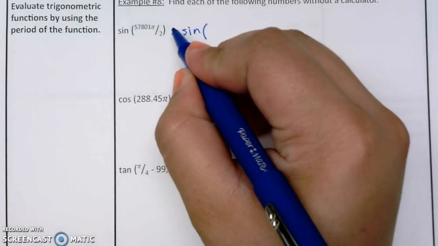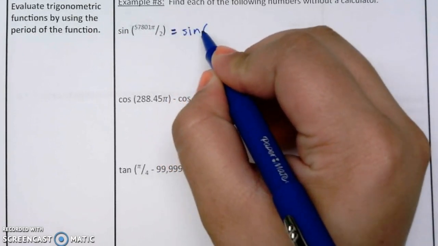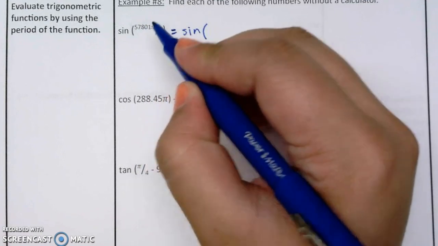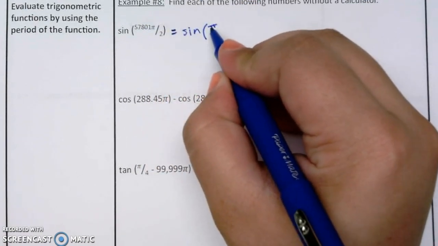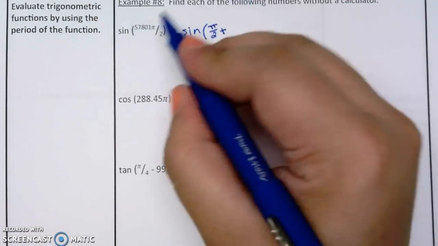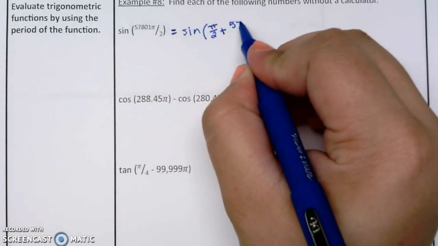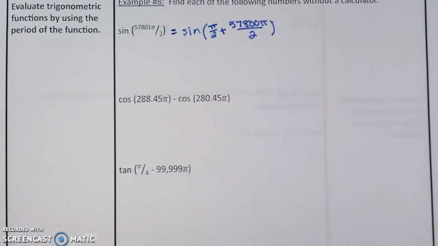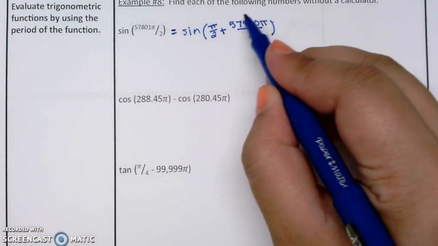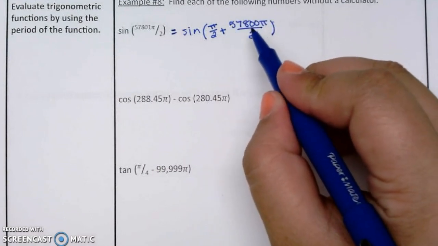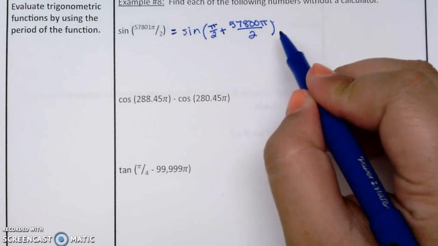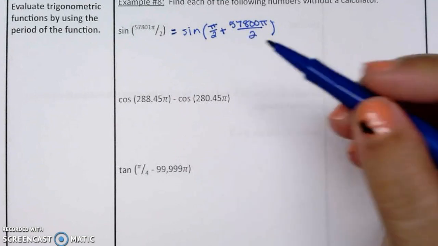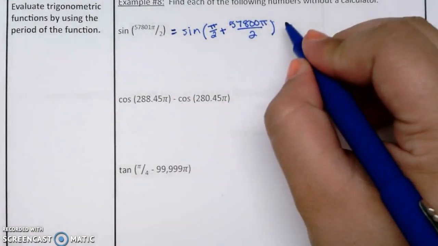Let's start by rewriting it. So I can say that this is equal to sine of, notice our numerator has an odd factor, so I'm going to rewrite this as pi over 2 plus 57,800 pi over 2. Now I'm hoping that this will reduce into an even number, and because it's a multiple of 100, I know that it will. And that means that we can actually just remove that part of the argument because it's a full cycle, it's a full period.